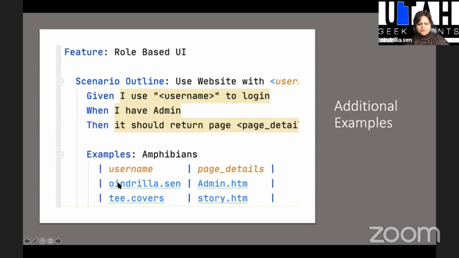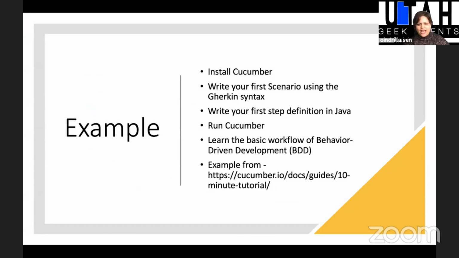So when I'm Oindrilla.Sen and I'm using this to log in, I get admin.htm. And if I use anything else, this is one of the test users, that is t.covers, I get story.htm. So this is the way you can fiddle around with different sort of test scenarios going on in your head, identify edge cases, and create them much before your actual code is deployed.